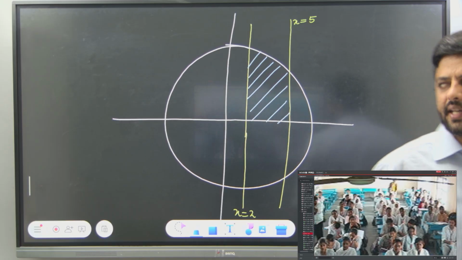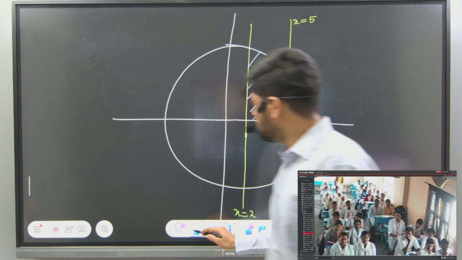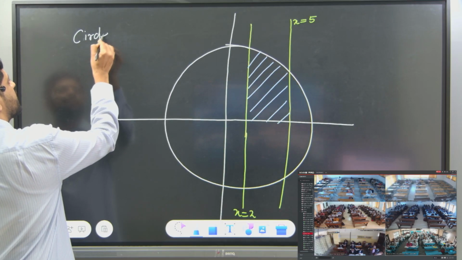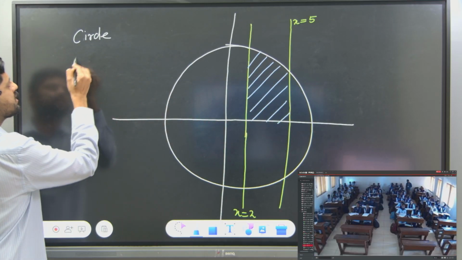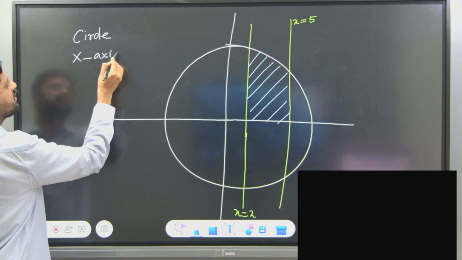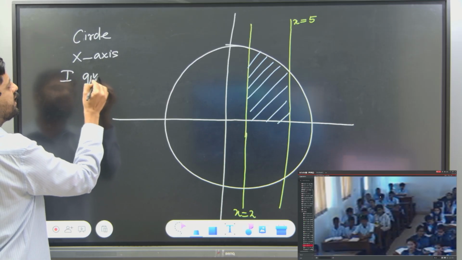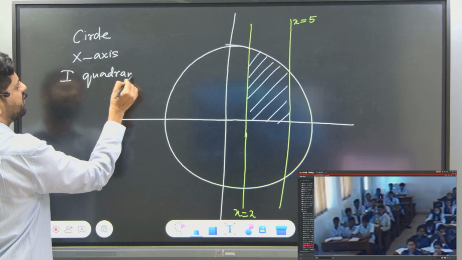Did you understand? So what all is there? You have a circle, x-axis and first quadrant. They are specifically saying the area formed in the first quadrant.